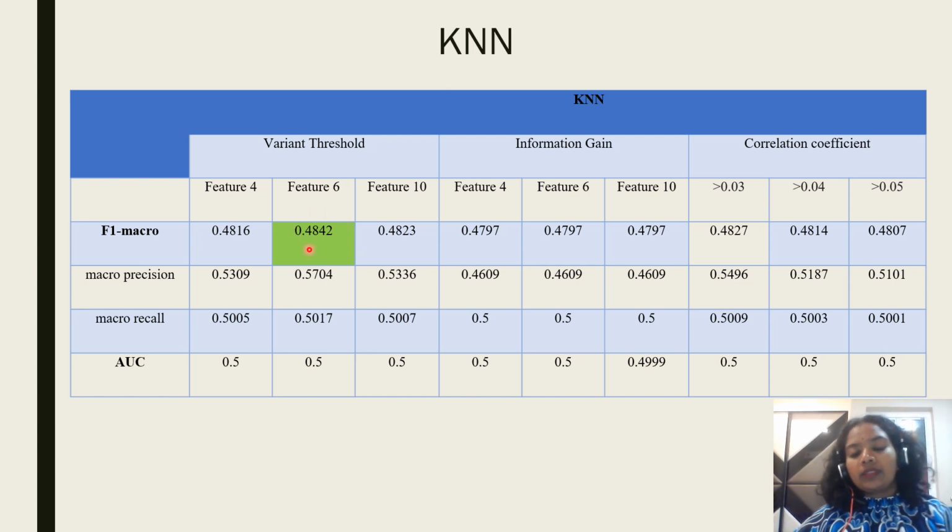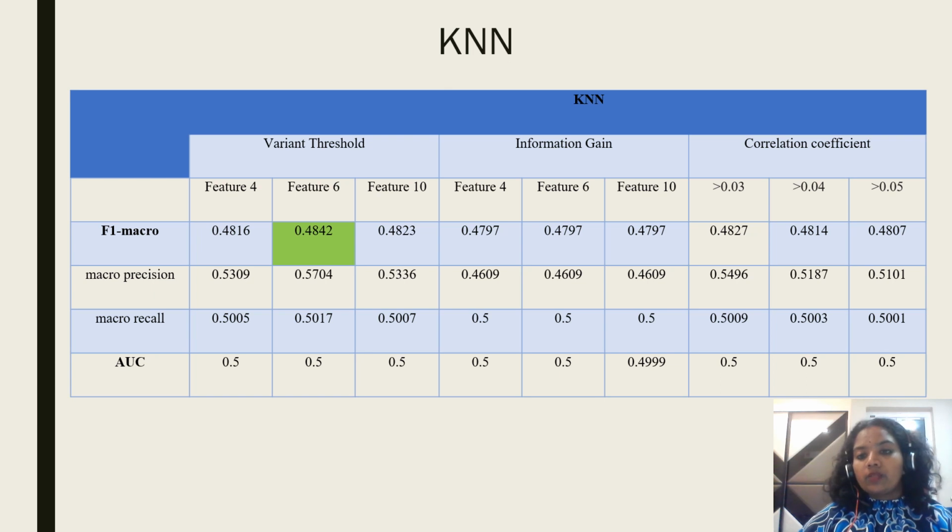But since this data set is unbalanced, it does not meet the accuracy that we should get. Among all the listed F1 macro scores, this is the highest. So in KNN, by using the variance threshold technique with the top 6 features, the model gives an accuracy of 0.4842.